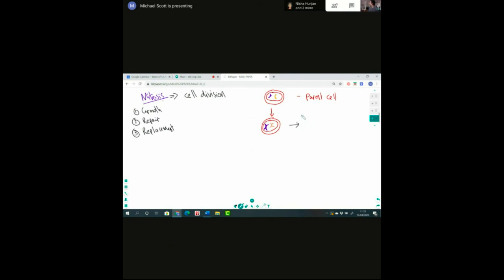The first stage of mitosis, okay, is that the chromosomes duplicate. Okay? They duplicate, they replicate, they make copies.